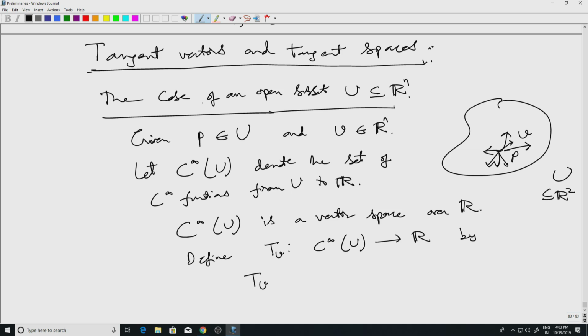We can just take the directional derivative of the function at the point P in the direction V.